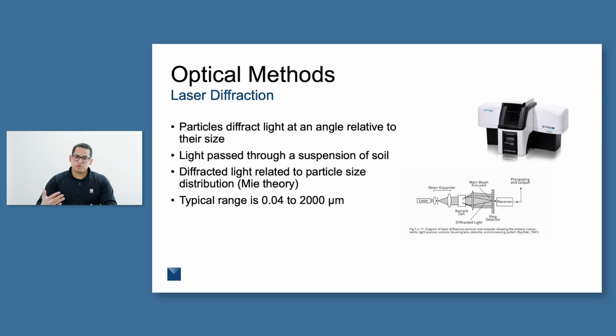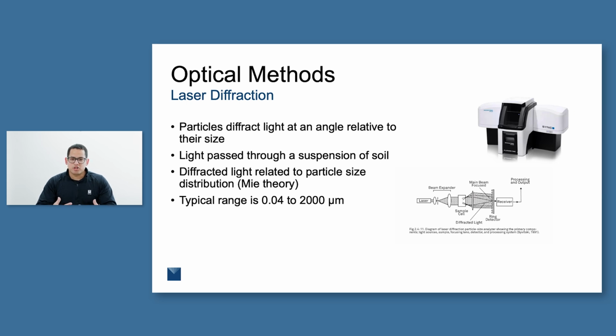You can see an example of the sample cell, the light being passed through the sample, and the receiver. The diffraction of that light is measured with those detectors. Then we use the Mie theory to relate that diffraction to the different particle sizes that are in suspension.